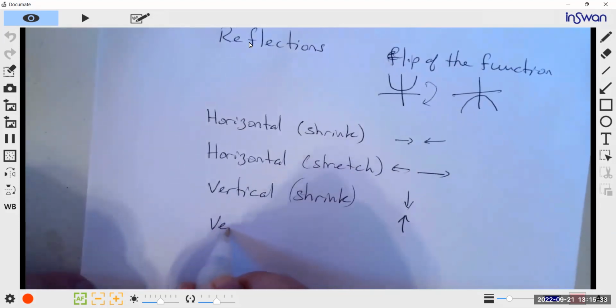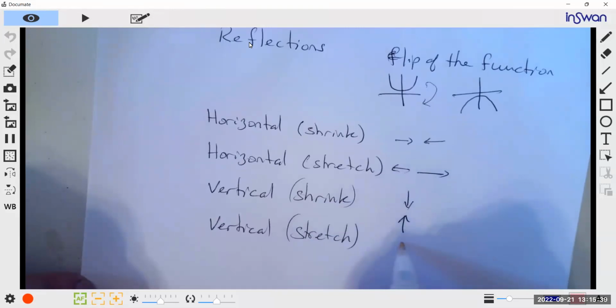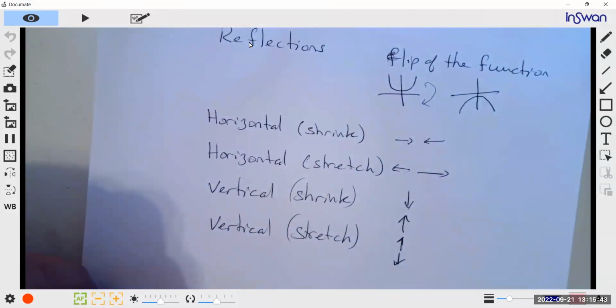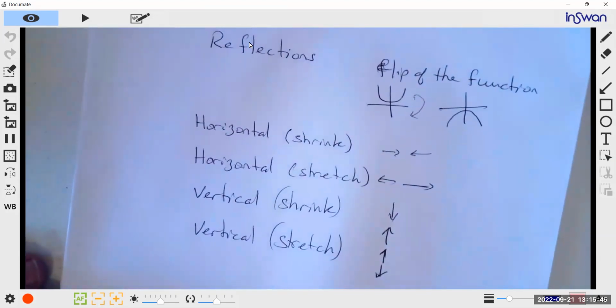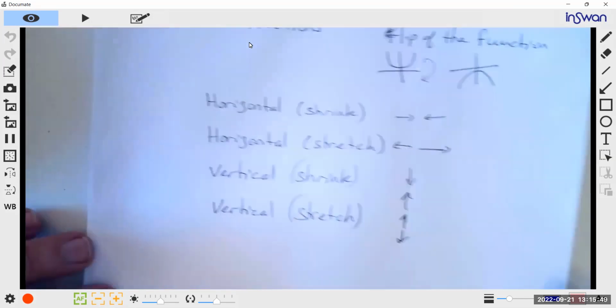And then we have a vertical stretch. That's where it pulls the graph apart, makes it taller, it's skinnier. So that's everything this last section's about.